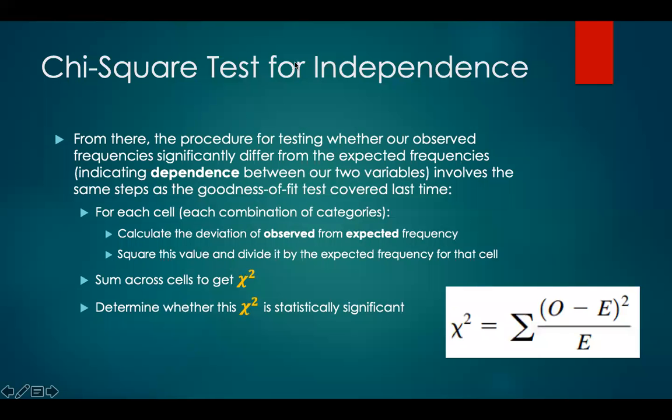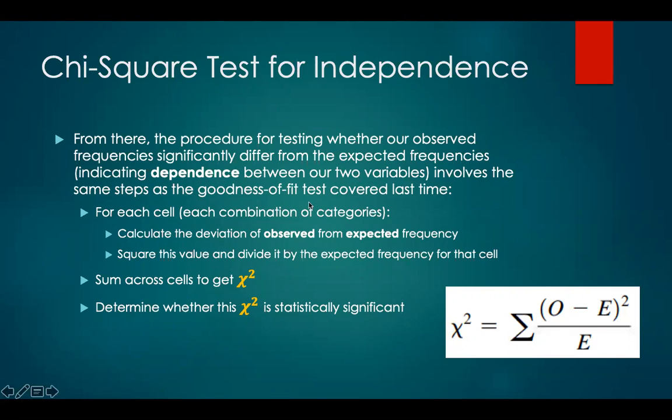Now, for the sake of this lecture, I'm going to do this directly in the PowerPoint, but you can use Excel to do this on your own if you would like, using the skills that you've learned through this class. So from there, the procedure for testing whether our observed frequencies significantly differ from the expected frequencies, indicating dependence between our two variables, involves the same steps as the goodness of fit test covered last time.